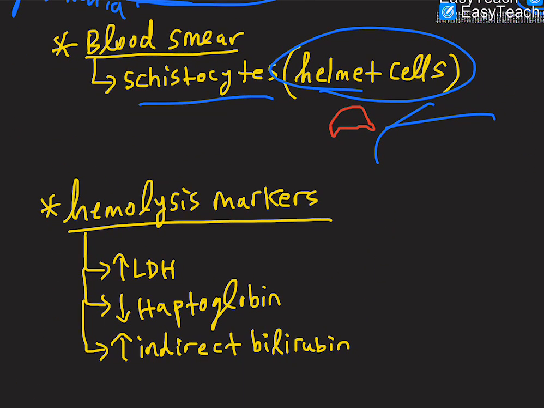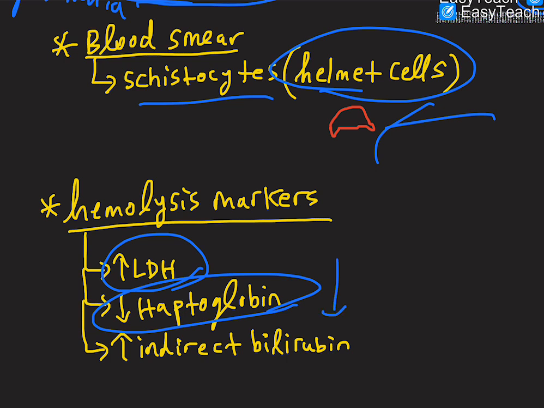So because you're hemolyzing your red blood cells, you're lysing your red blood cells, you're going to see certain hemolysis markers. We know LDH is an important hemolysis marker. And because you're using up your haptoglobin, you're going to see low haptoglobin levels, indicating I'm shearing a lot of red blood cells, therefore leaking a lot of hemoglobin to my blood, and haptoglobin is binding onto that. So that's why I have low haptoglobin.